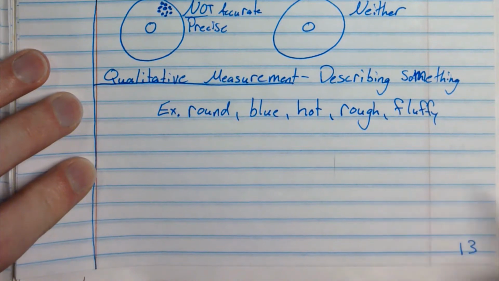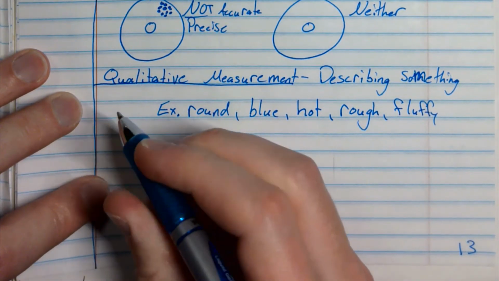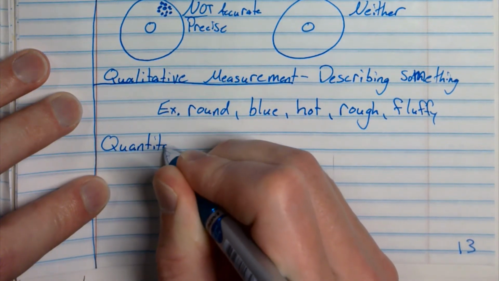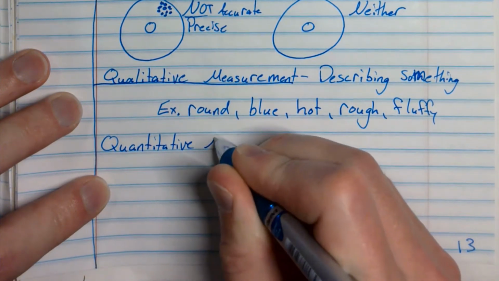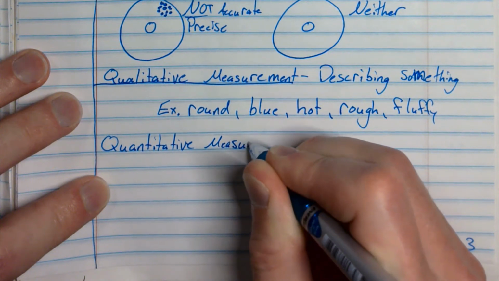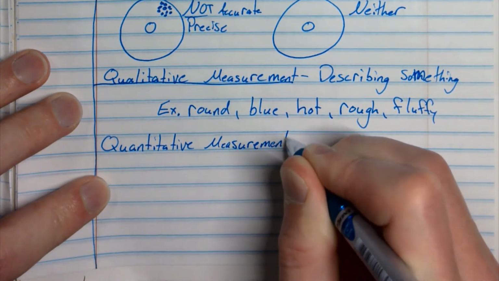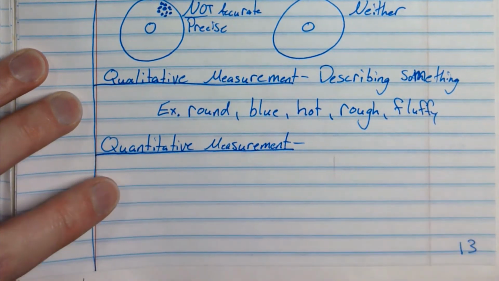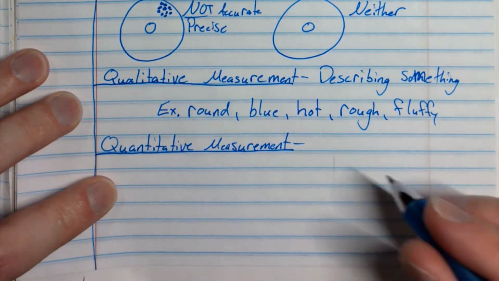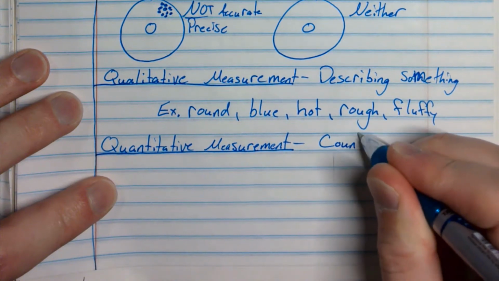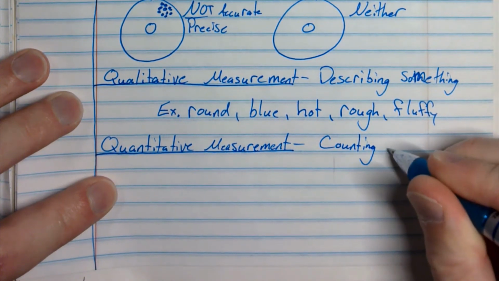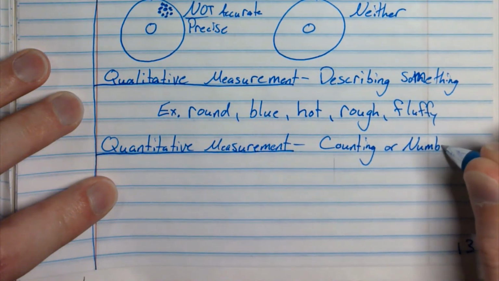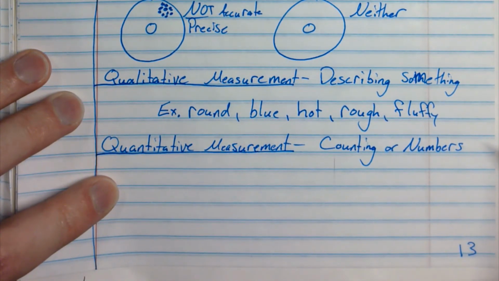So qualitative, and then we have quantitative measurement. And that is counting or numbers.